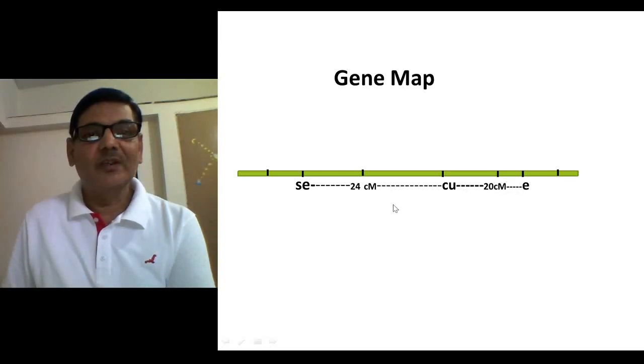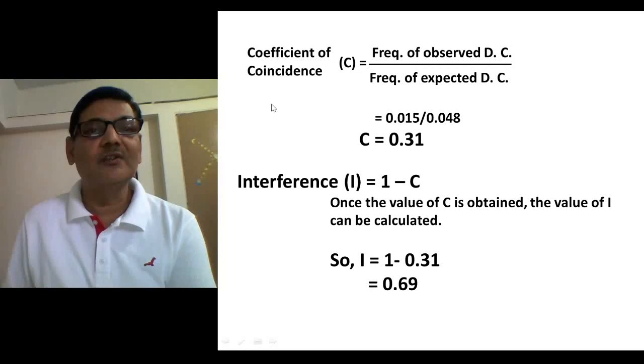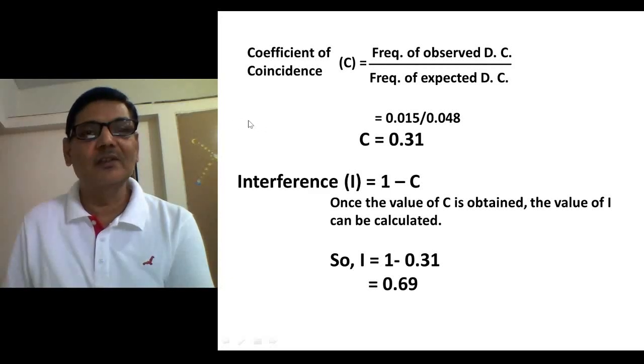So these are the steps you can apply, and you can know the distance between the adjacent genes. There is one more phenomenon, and that is interference. That is, how much interference occurs if crossing over takes place in one region, whether it interferes with the occurrence of crossing over in the adjacent region.